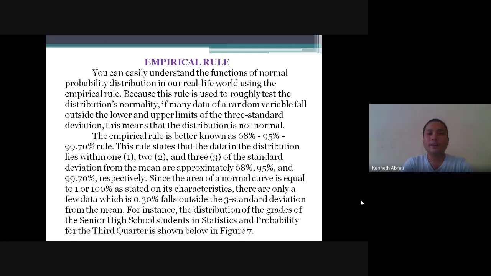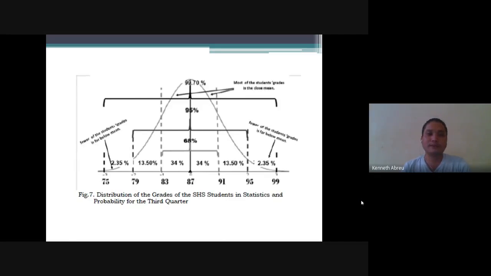So since the area of a normal curve is equal to 1 or 100% as stated in its characteristics, there are only few data, which is 0.30%, that fall outside the three standard deviations from the mean. For instance, the distribution of the grades of the senior high school students in statistics and probability for the third quarter is shown below in figure number 7. Tulad yan.